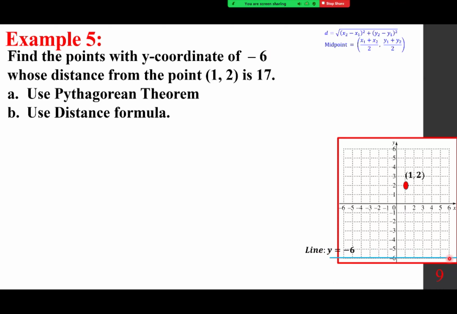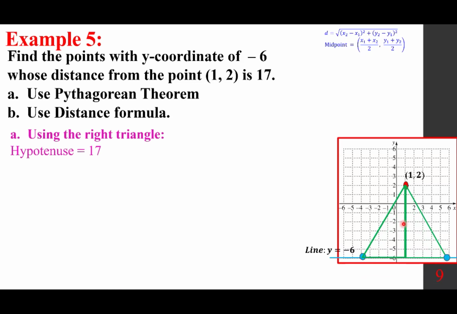So we are looking for points on this line. There are a couple of points that follow that, and we don't know their location.